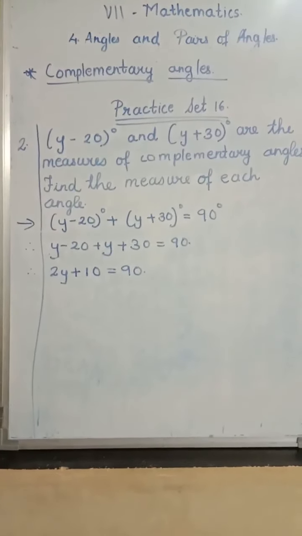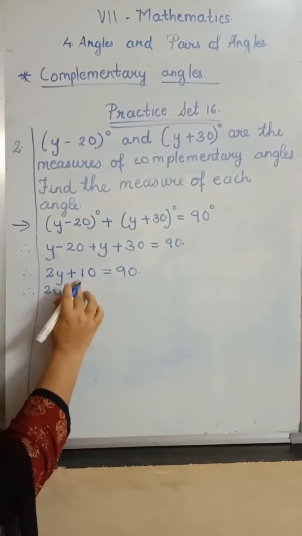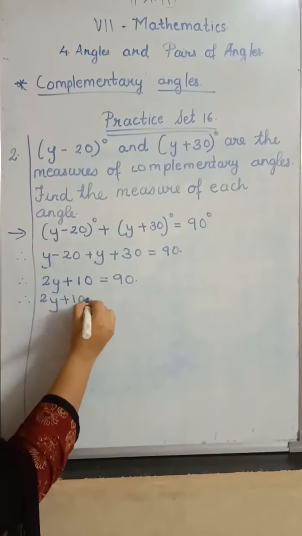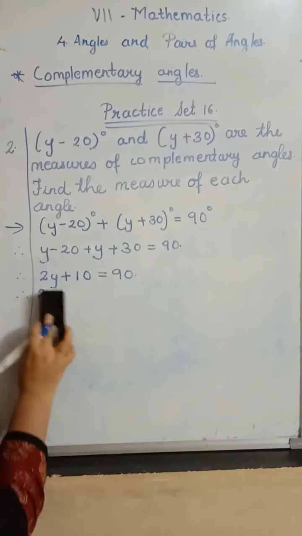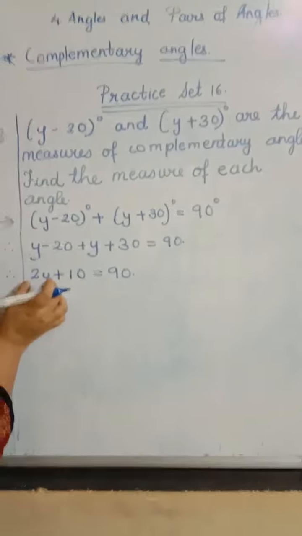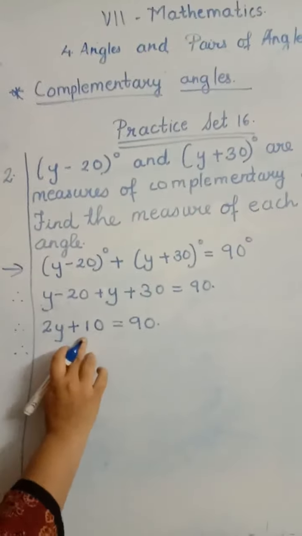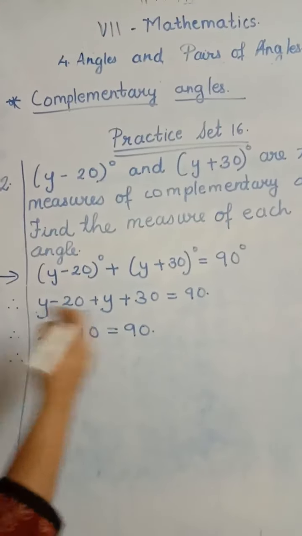Did we get the equation? We'll solve the equation. So 2y will keep as it is. Plus 10 will remove how? See here, once again I will explain. Now we want to find y's value, children. So this will keep as it is. First we'll remove positive 10. What is opposite to positive 10? Negative 10.